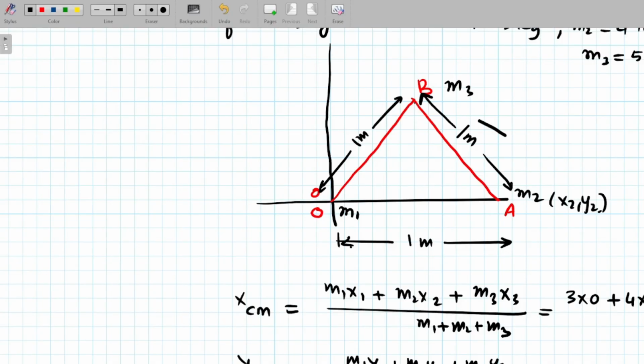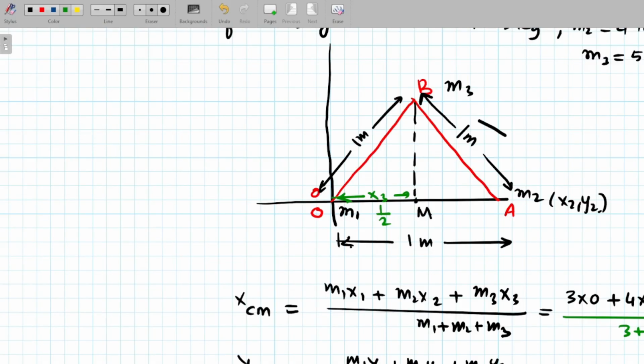How will we find x3? Draw a vertical line from here, let us say BM. So my x3 would be OM. x3 will be this. So how will OM be found? OM will be half simply, since M is the midpoint. So what will you write? 0.5 upon 3 plus 4 plus 5.